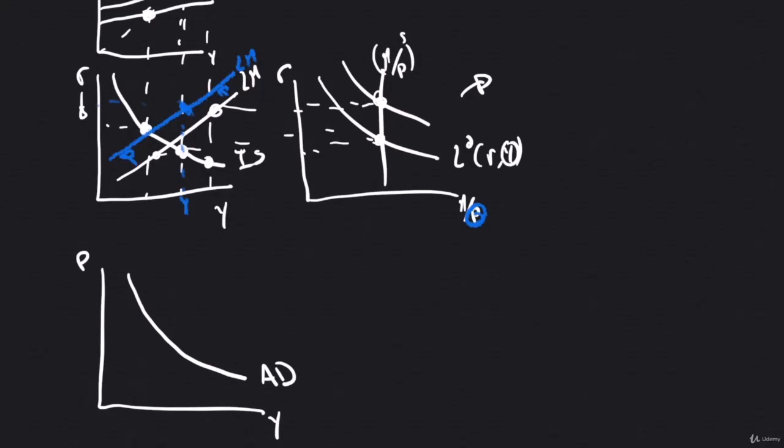Now, please note, for given levels of P, Y levels would fall as price levels went up. You have to note that this is not the same demand function as in microeconomics, where if prices go up, demand falls. This is a different logical series.